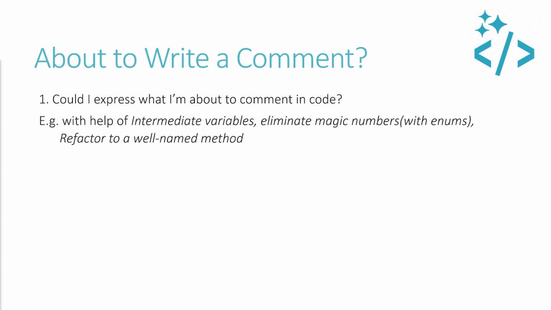Good. If you're ever faced with the question of whether to write a comment at a specific moment, you should ask some questions. The first question would be: could I express what I'm about to comment in code? There are multiple tools. If you want to express something, you can use intermediate variables, eliminate magic numbers with enums, or refactor to a well-named method.